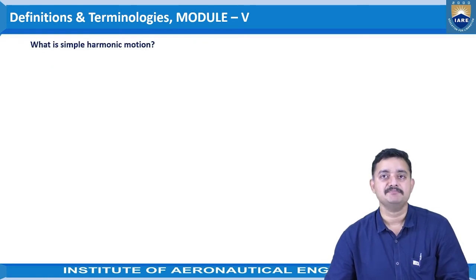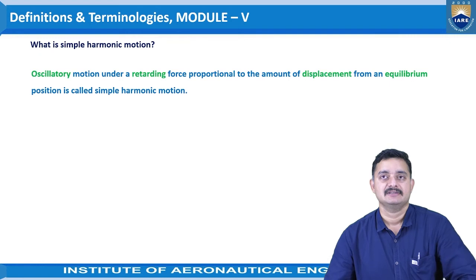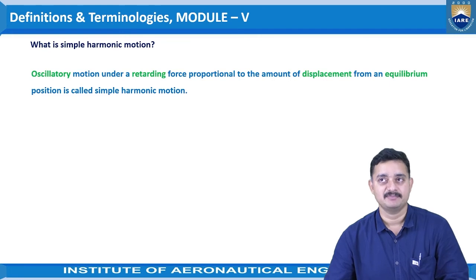Next is, what is simple harmonic motion? This is one of the applications of the vibration of the body. It is oscillatory motion under a retarding force proportional to the amount of displacement from an equilibrium position, and it is called simple harmonic motion.